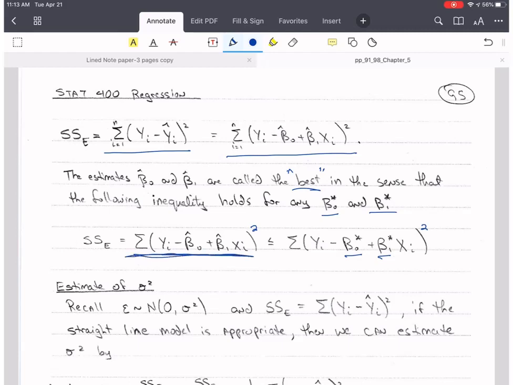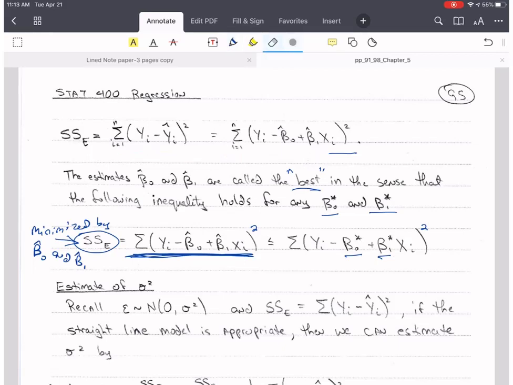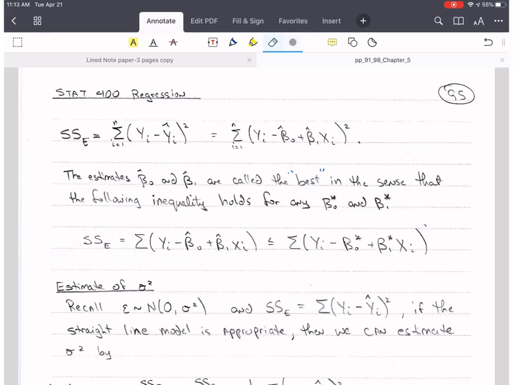It's the minimum, so it's the best in that the sum of squares has been minimized by the beta naught hat and beta 1 hat that we derived. And that's why it's called the least squares method, because it minimizes the sum of squares error.